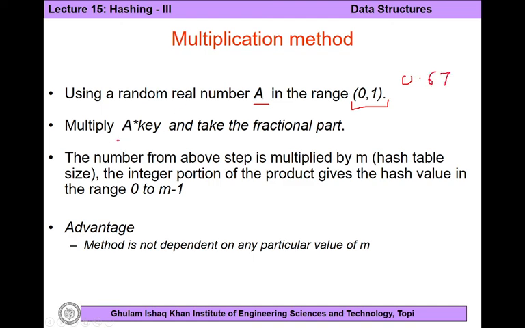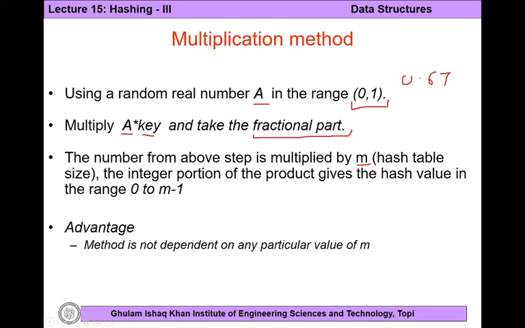Now what you do is multiply that random number with the key which you have, and then take the fractional part of the result obtained by multiplying the random number with the key. Once you have taken the fractional part, that number is multiplied by the size of the hash table.